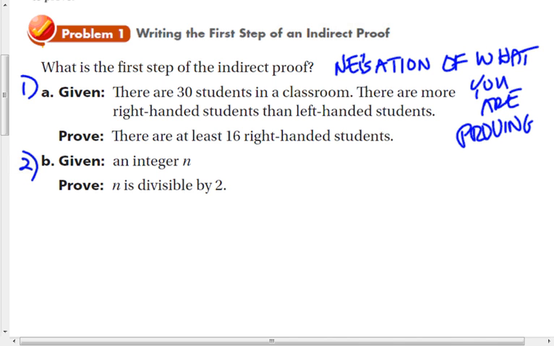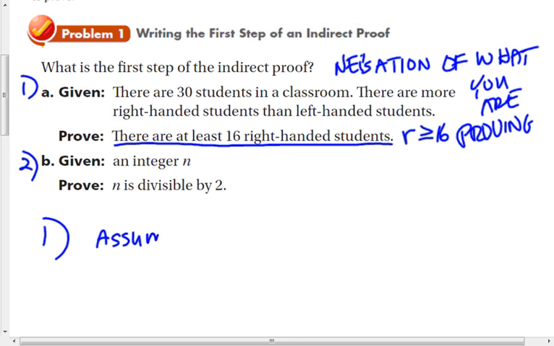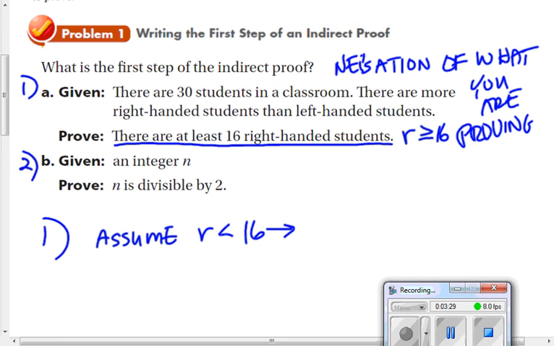In this one, we're trying to prove that there are at least 16 right-handed students. If I use R for right-handed, then R is greater than or equal to 16. So the negation is that we assume we have less than 16 right-handed students. The way we show that is R is less than 16. Or if we were to write it out, there are less than 16 right-handed students.